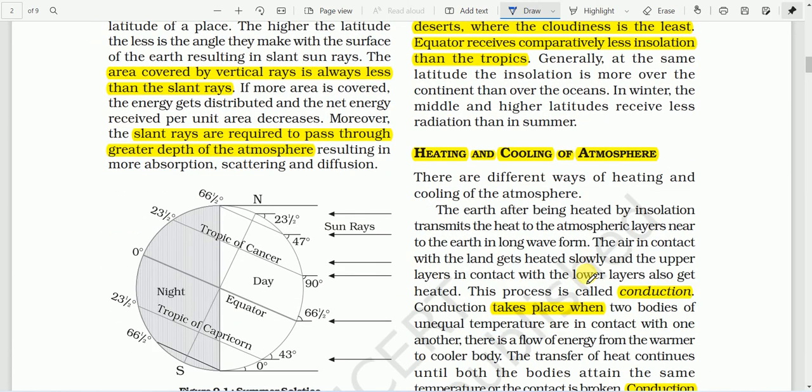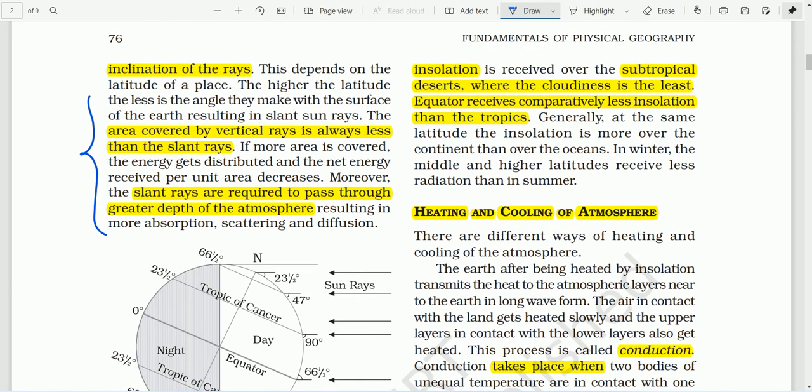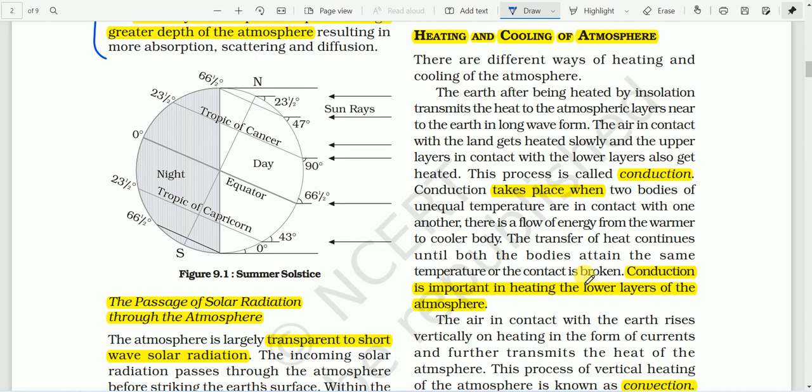Why the amount of insolation received differs from place to place is again explained here. This is the case of the vertical rays and the inclined rays, and you will see in this diagram also.